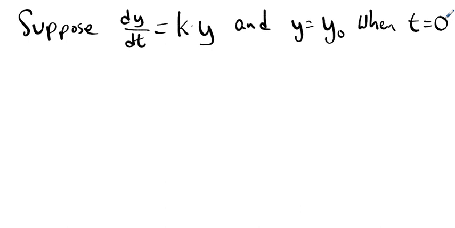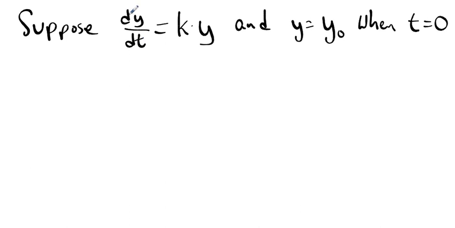Some population where we know what the population is at a given time, and the population growth is what we would call exponential, meaning that the rate of growth, the dy dt, the rate of growth is proportional to the population itself. And that almost makes sense. The more people there are, the faster you can make people. That's sort of the way this goes.